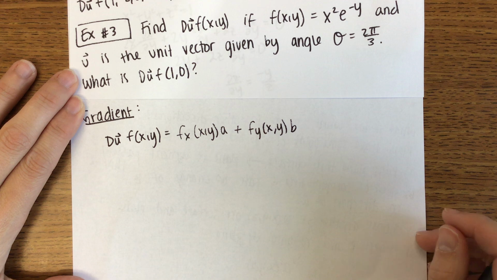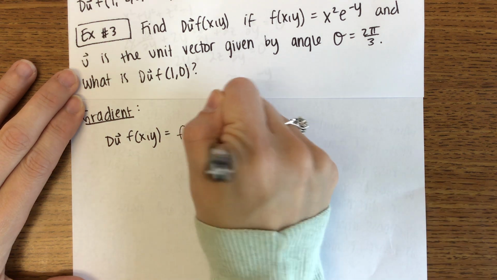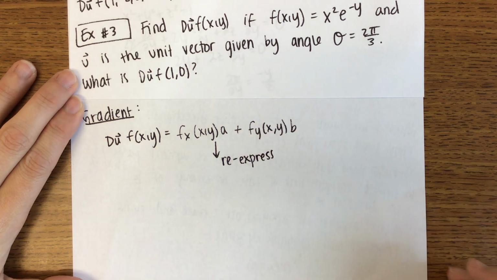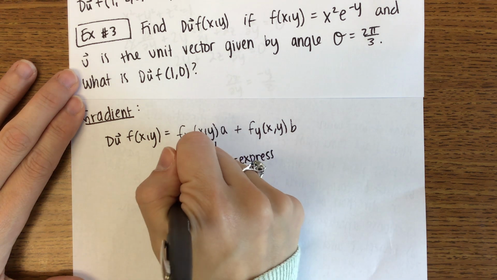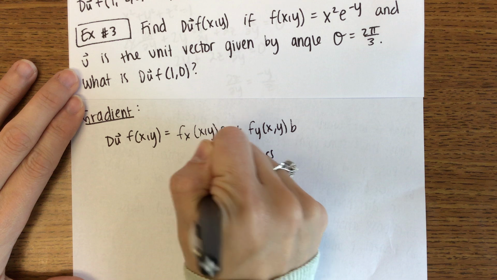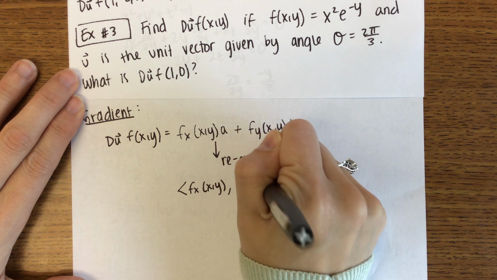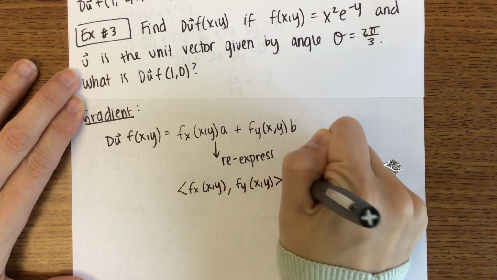So what we're going to do then is re-express this. We're going to write it in a different form. Another way to write this is as a dot product. We could have the partial with respect to x at our point x, y, and then the partial with respect to y at x, y, dotted with some vector a, b.